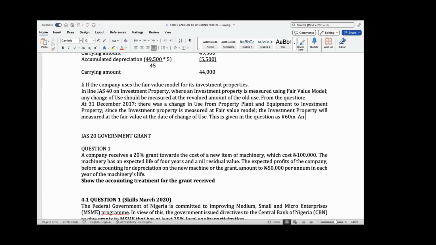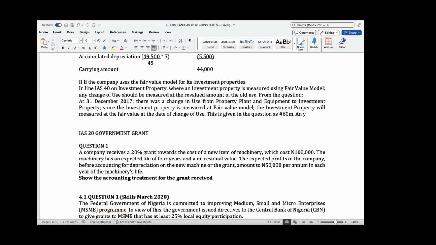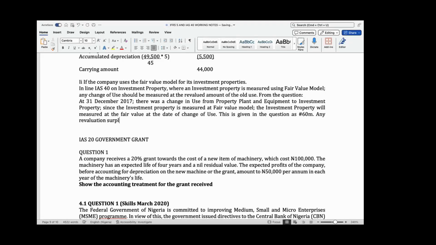And any revaluation surplus will be recognized to who can tell me? Will it be recognized to P or L or C? OCI. That's correct.